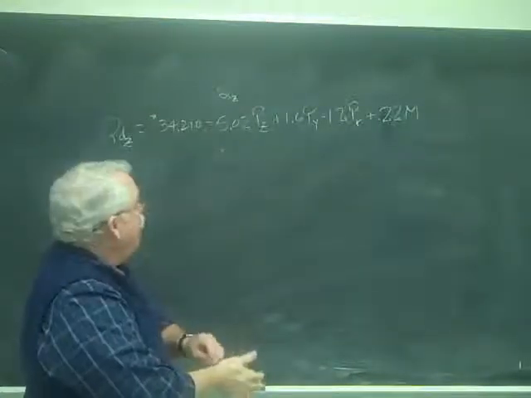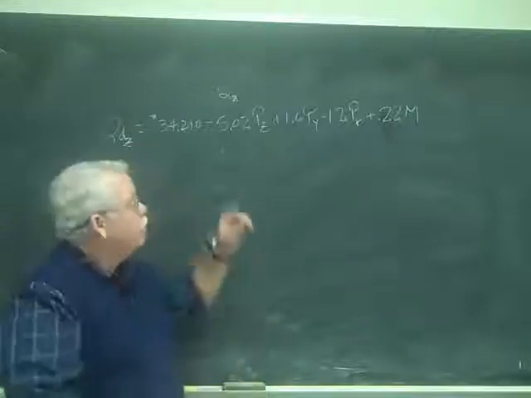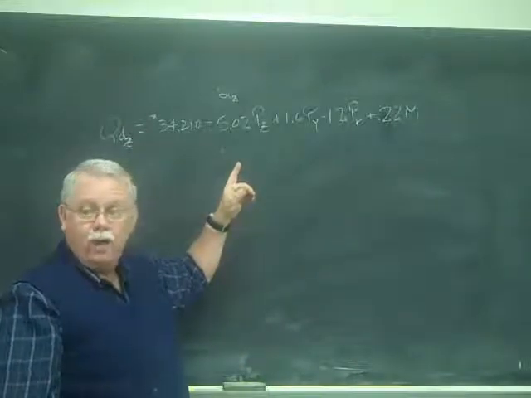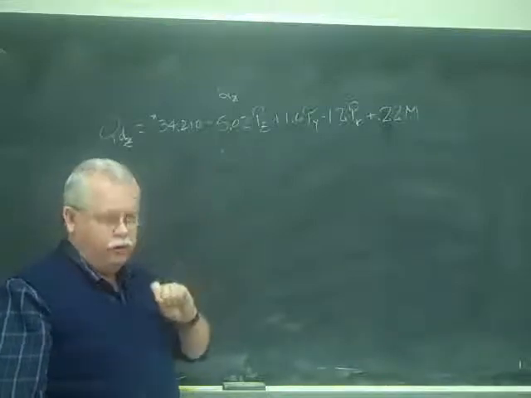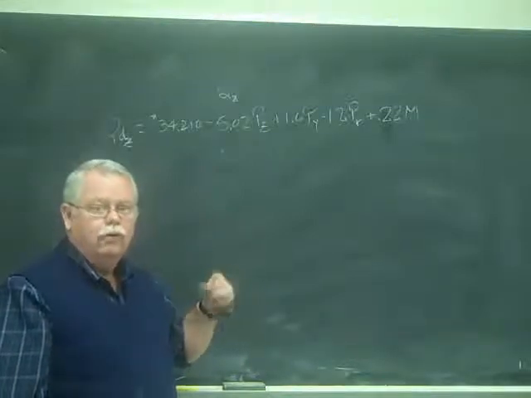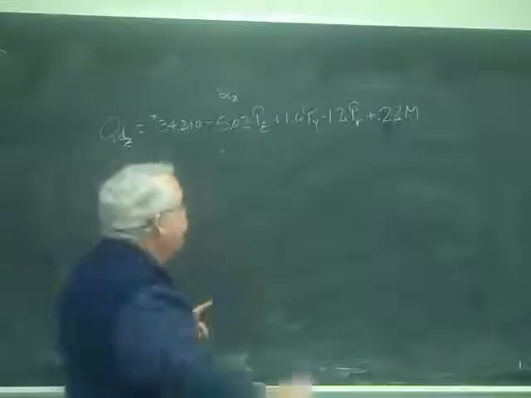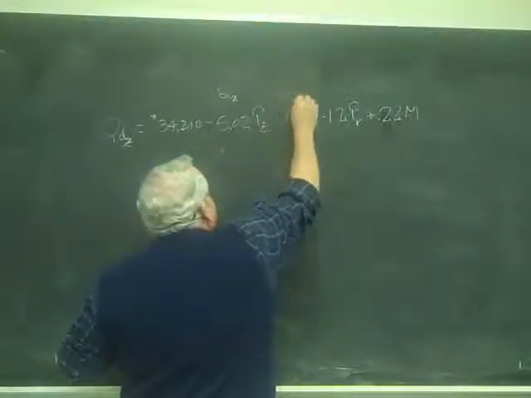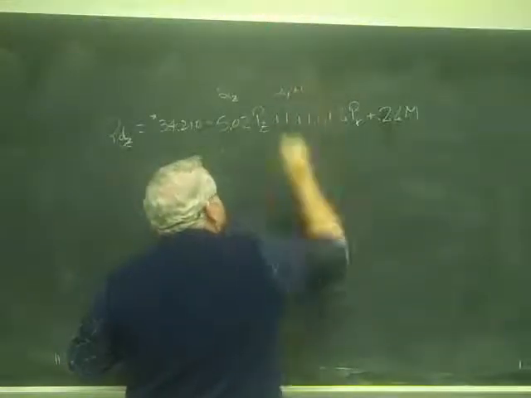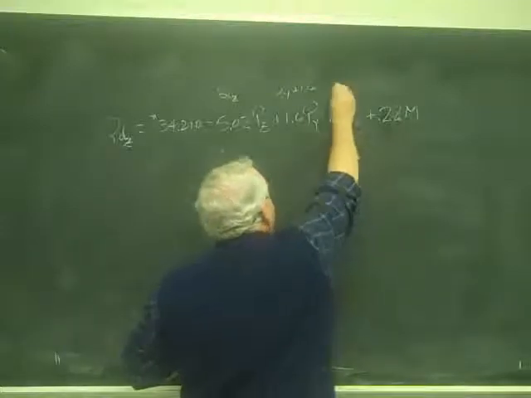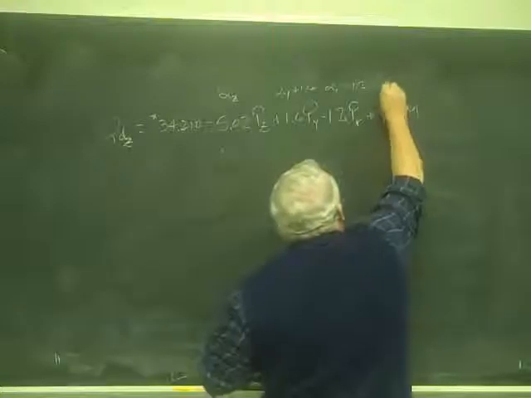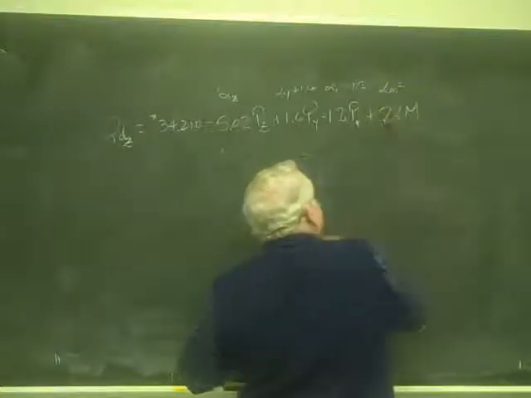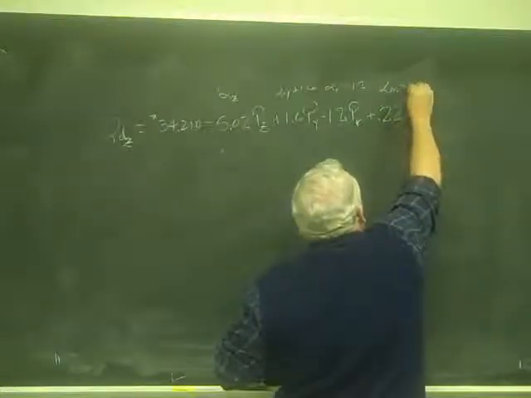So what is alpha Y in this equation? 1.6. Positive 1.6. It's the coefficient, to include its sign. So alpha Y is positive 1.6. Alpha R is negative 1.2, and alpha M is positive 0.22.